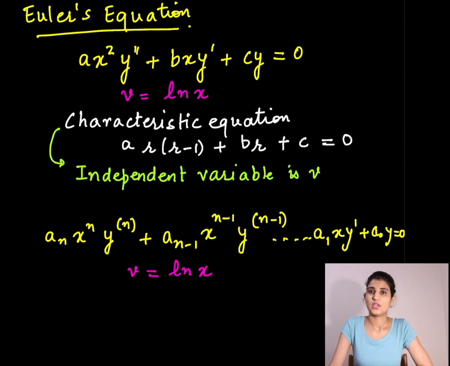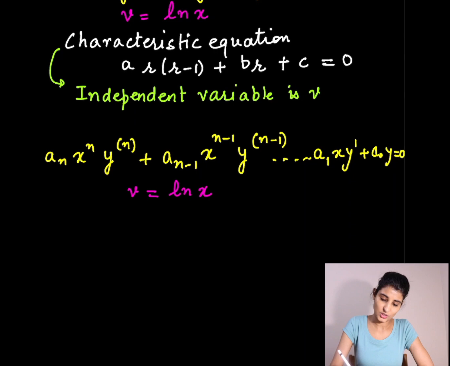So suppose you have two roots, -1 and 2, for the characteristic equation, your solution will be y equal to c1 e^(-v) plus c2 e^(2v), and then you will substitute v equal to ln x back.